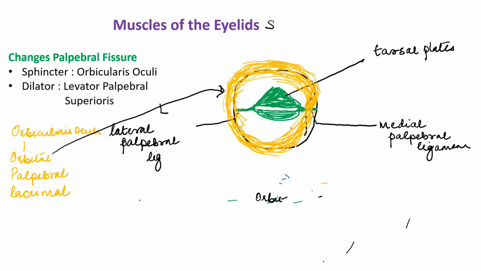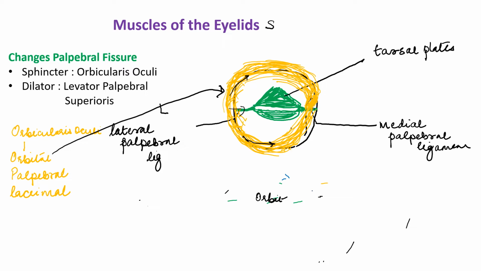Now, when this muscle contracts, these fibers will move like this, medially. So what are they going to do? When you screw up your eyes to protect them against very bright light of the sun, that function is brought about.